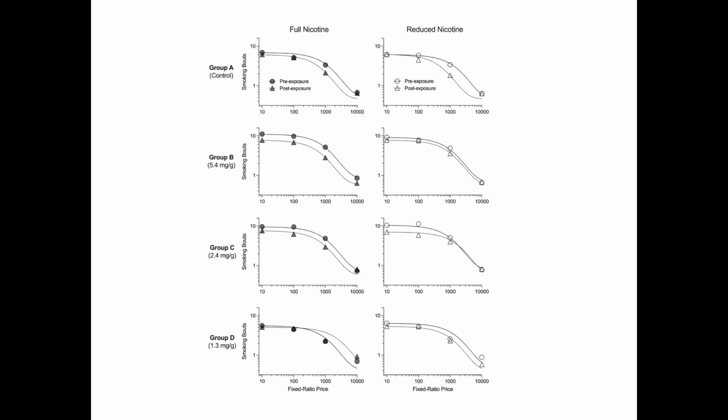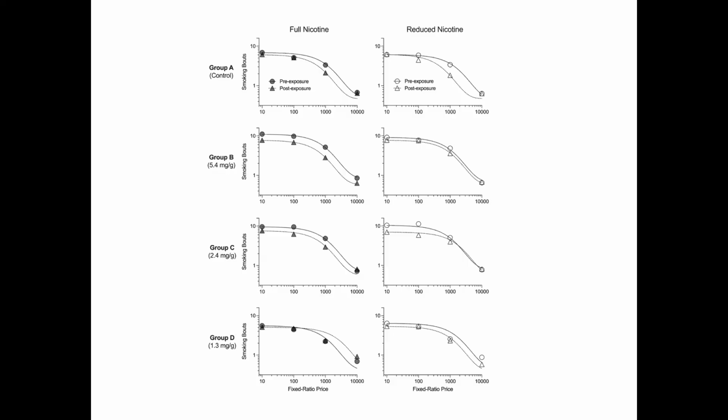Showing you the same data here in a slightly different way. And again, I apologize, we're missing the very top of the slides I'm seeing on the screen. But here, the left column is showing full nicotine cigarettes. The right column is showing reduced nicotine cigarettes. And then within each panel, I'm showing you pre-exposure versus post-exposure. So compared to the last slide, here you can more easily compare pre versus post-exposure within each panel.